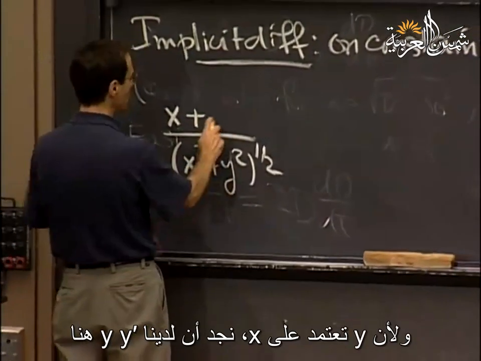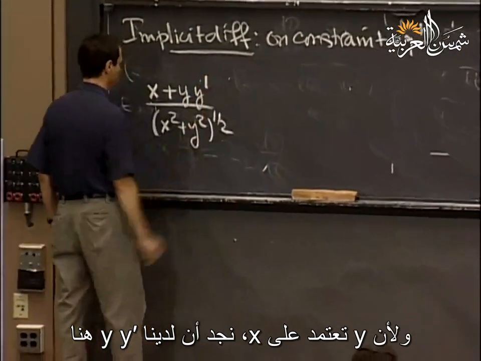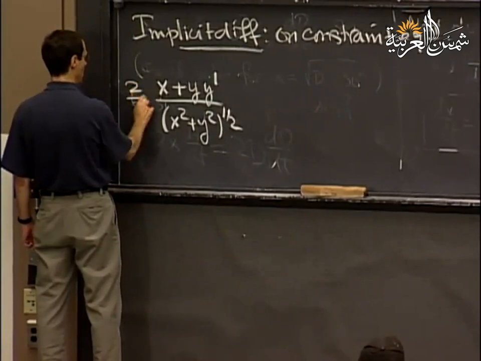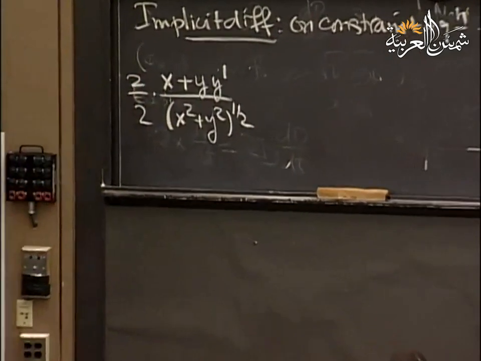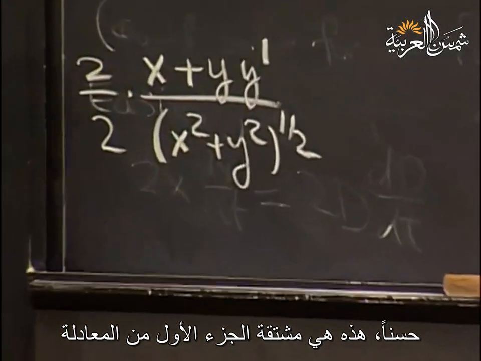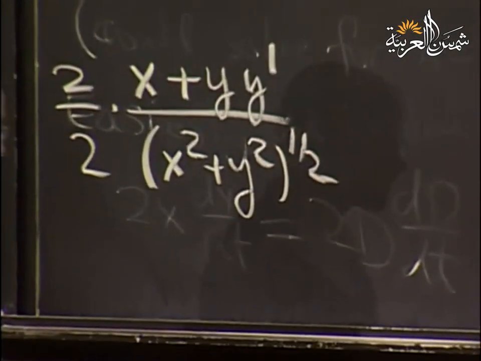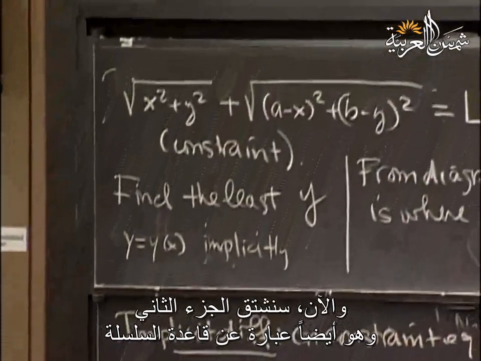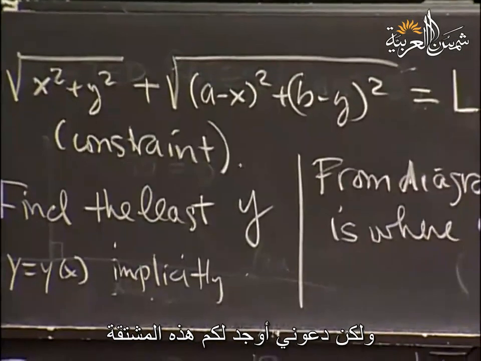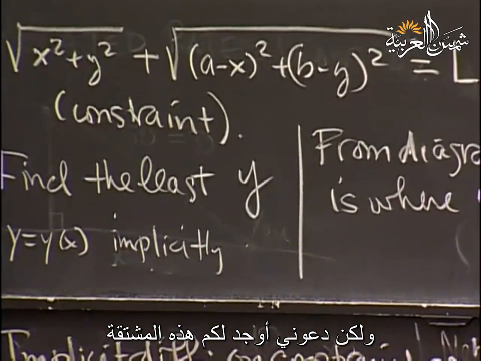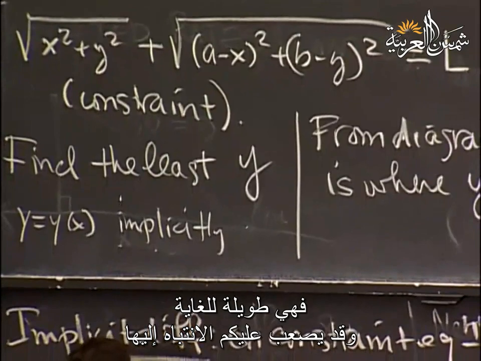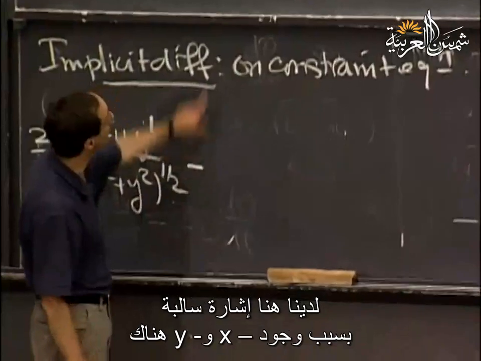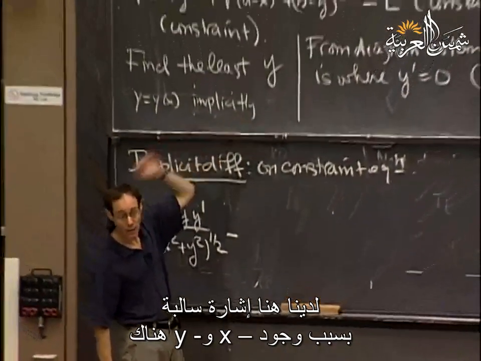Now, because y depends on x, there's also a y prime here. So technically speaking, it's twice this with a half, 2 over 2 times that. That's the differentiation of the first piece. Now I'm going to do the second one, and it's also the chain rule, but you're just going to have to let me do it for you because it's a little too long for you to pay attention to. There's a minus sign that comes out because there's a minus x and a minus y there.